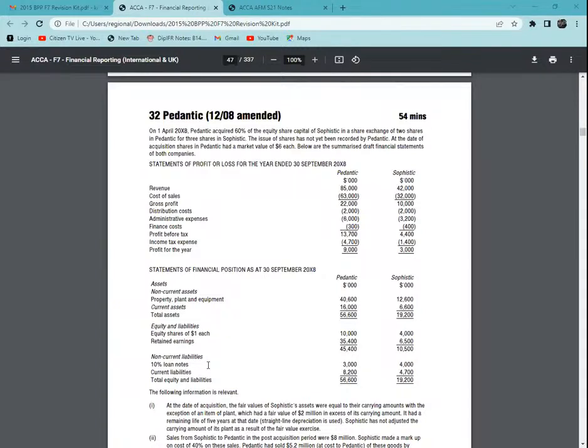The only non-current liability that I can see there is the 10% loan notes. From there, I'll walk to current liabilities. Fortunately, it's only one. Great, I don't have to duplicate this. I can just leave it like that.